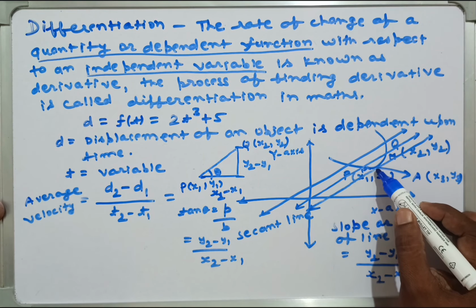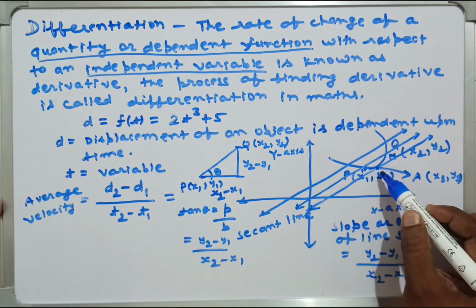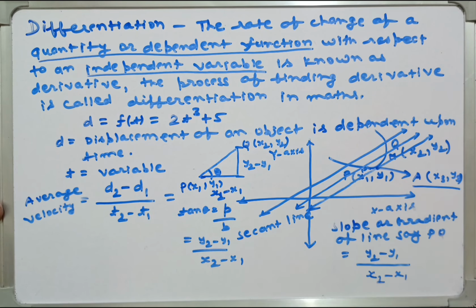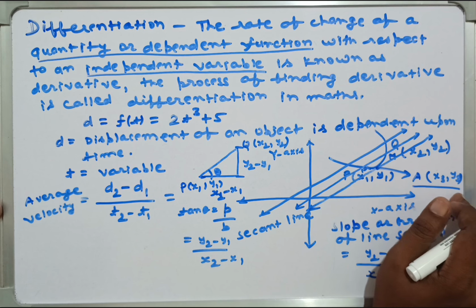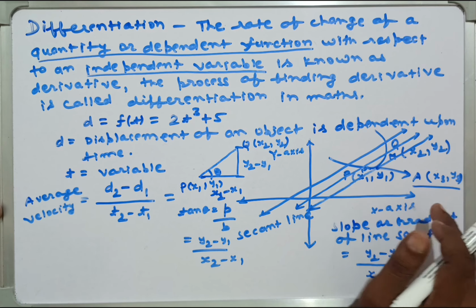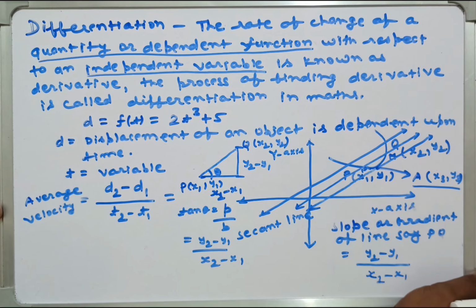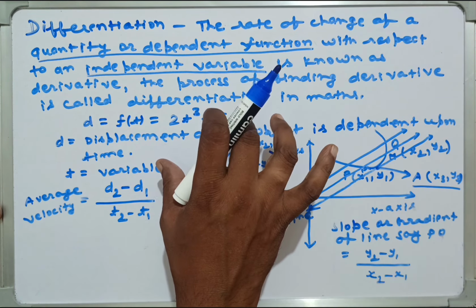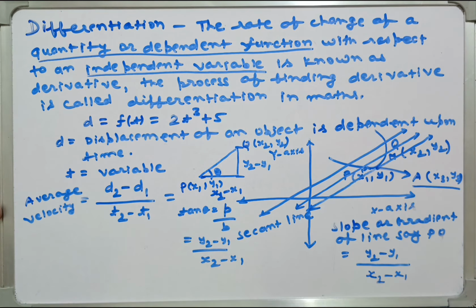If we are interested in finding the slope of this line at this particular point, how could we find it? You may say, sir, you have only one point here, so how could you find the slope of this line? Here we use the derivative, or differentiation method, for finding the slope. See how it works.